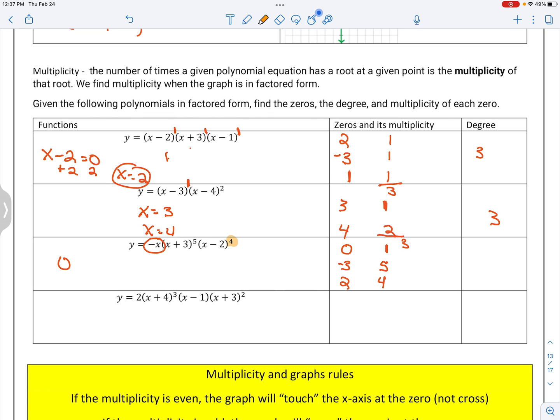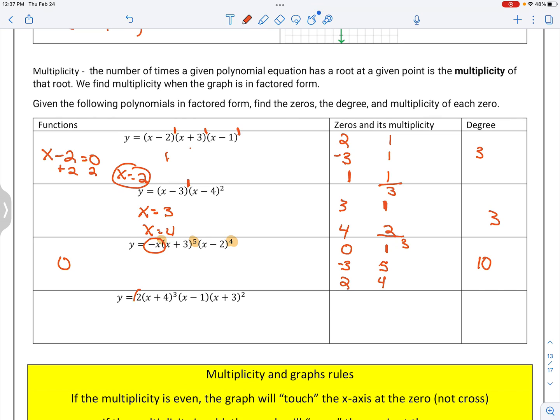So remember, I get my multiplicities by the exponent at which it's raised, and since x is raised to just the first power, it's just 1. So then my degree is 10. 1 plus 5 plus 4. Can you pause the video and do the last one?